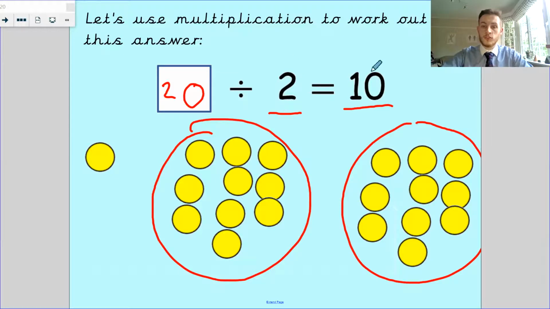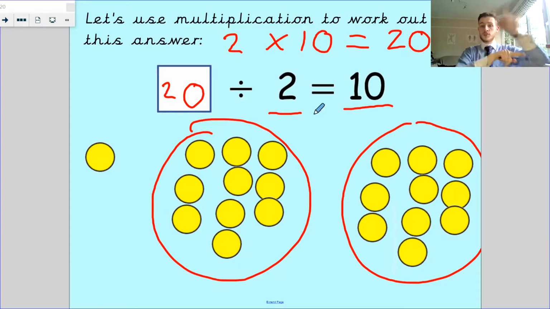So I have the numbers 2 and 10. They were the numbers that I knew. What I can do is I can say 2 lots of 10 equals, and it's the number that we found out, 20. As you can see, I've just swapped some of the numbers round, but it's really important for you to know the sentence: something, lots of something equals the answer.